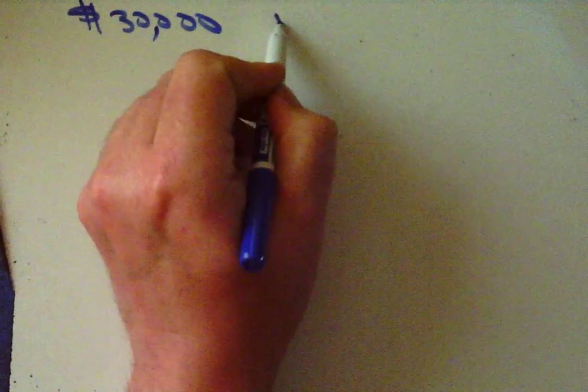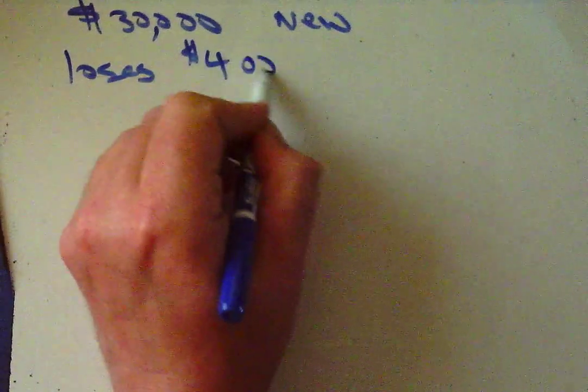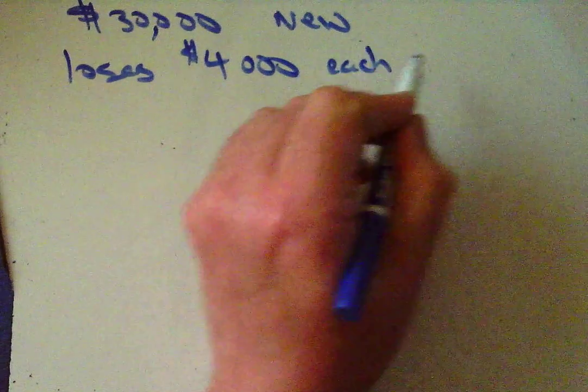You buy a new car. Your new car is worth $30,000 when you buy it, and your car loses $4,000 in value each year.